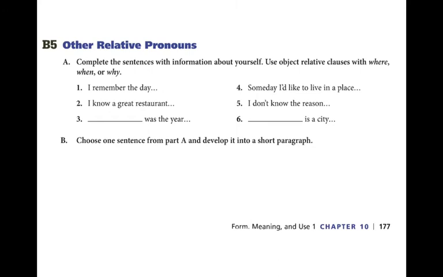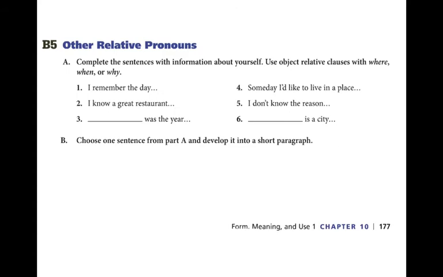Number 2 says, I know a great restaurant. Should you use where, when, or why? Since this is a place, we should use where. I know a great restaurant where we can have dinner before the show. I know a great restaurant where we can hold your wedding. How about number 3?